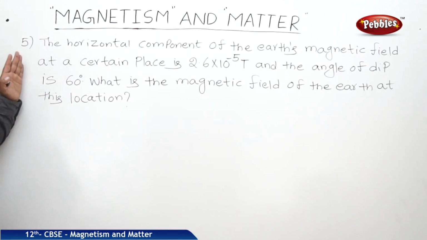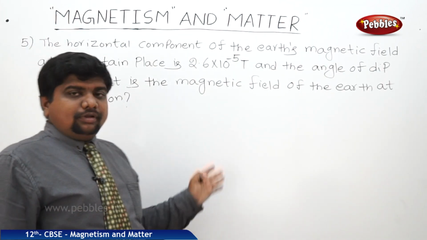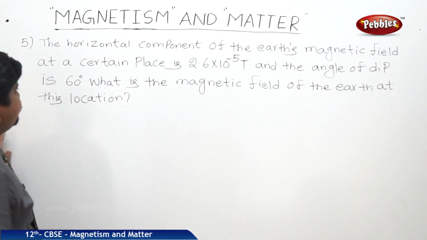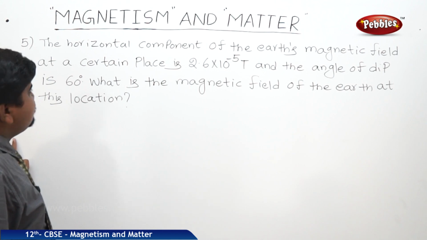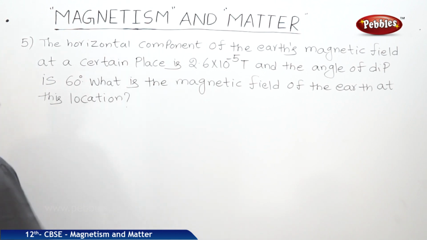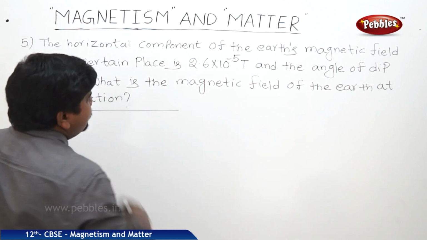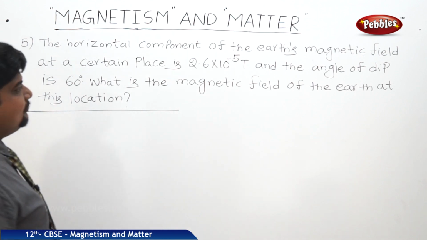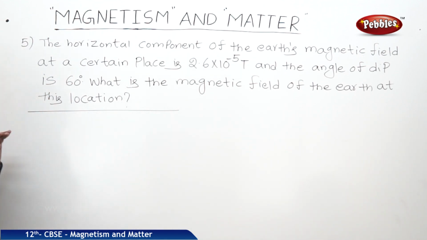So this problem relates the horizontal and vertical components of the earth. So horizontal magnetic field and BE. The horizontal component of the earth's magnetic field at a certain place is 2.6 into 10 to the power of minus 5 Tesla. And the angle of dip is 60 degrees. What is the magnetic field of the earth at this location?